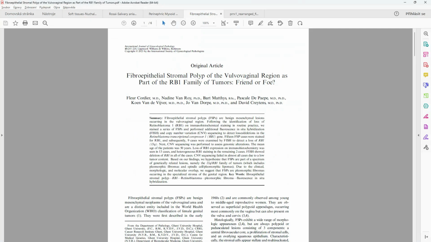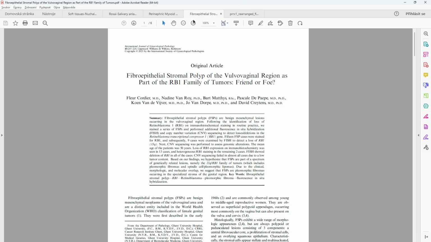And again, I will show you retinoblastoma protein in this case. And again, you can see that some of them are negative, but some of them, especially the multinucleated, are positive. This paper was published a few months ago.